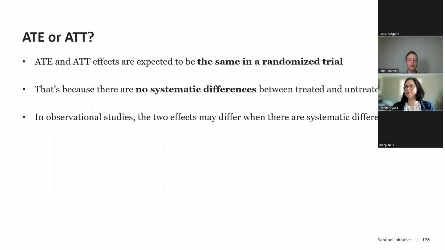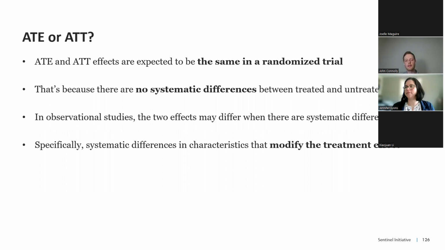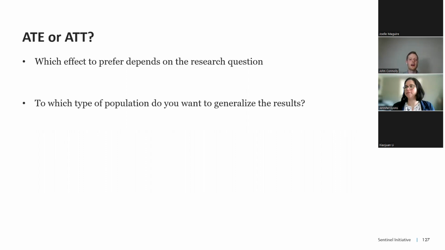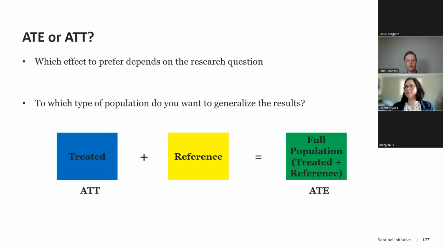And so when that happens, these two effects can differ, specifically if there is a systematic difference in a characteristic that actually modifies or changes the true causal treatment effect. So which one you prefer, I think really just depends on what your research question is and who you want to generalize your results to. Are you interested in making causal statements about people who look like the treated population to the extent that they are distinct, or are you interested in making causal statements about the full treatment population?